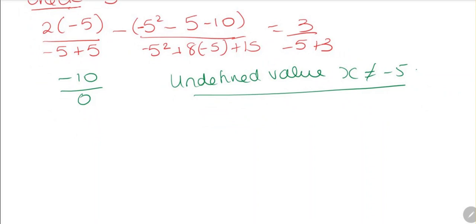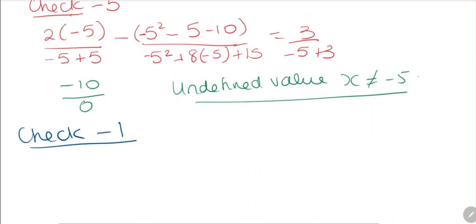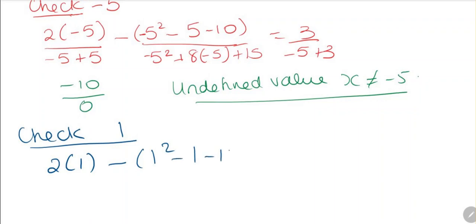So now we're going to check our other value of 1. So let's have a look. So we have 2 multiplied by 1. So we have 1 squared minus 1 minus 10.